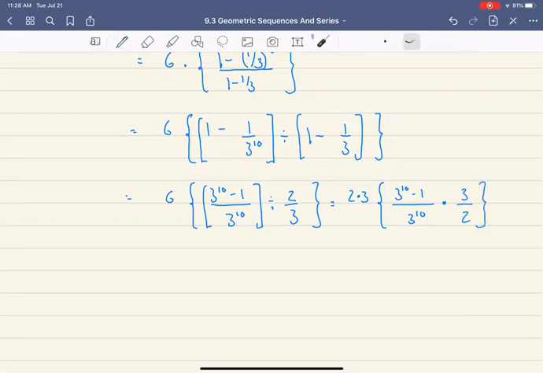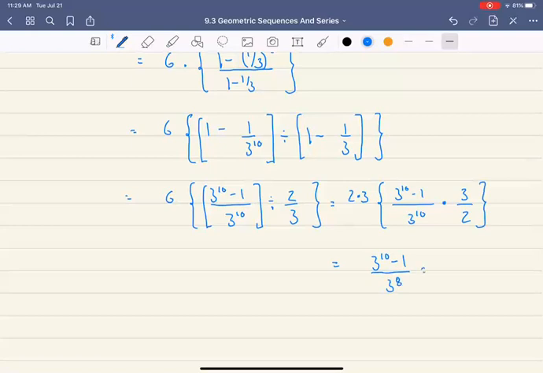I have the benefit that I did this problem before and I was screwing it up, so I'm redoing the video. Cancel the 2's. 3 to the 10th and 2 3's in the numerator, I'm going to get 3 to the 10 minus 1 over 3 to the 8th.